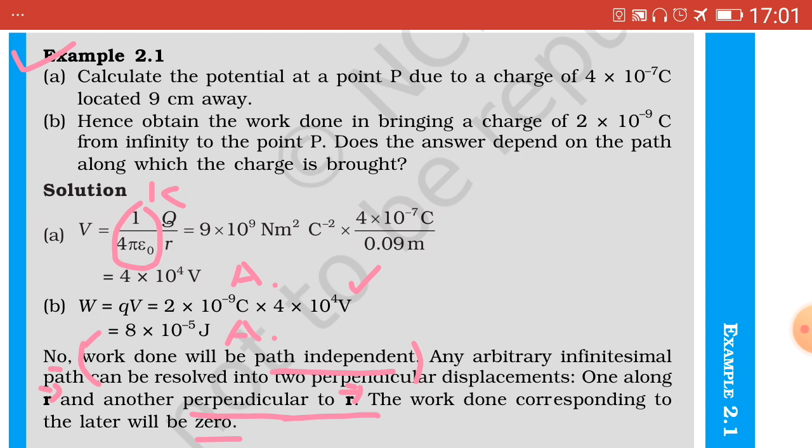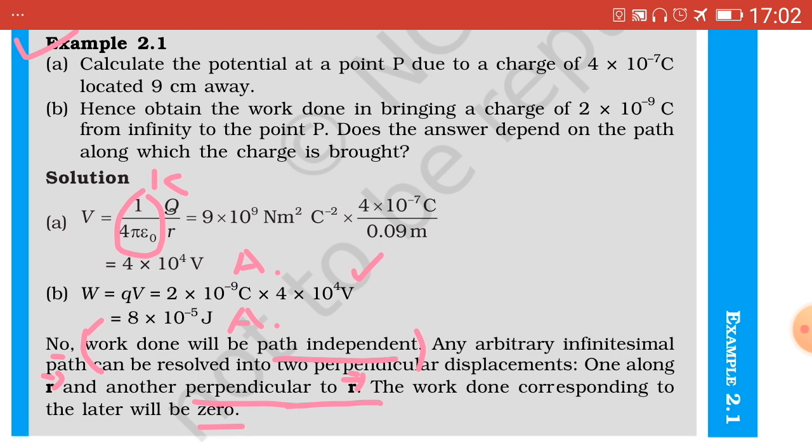Substituting the value of Q and V, and on simplifying we get 8 × 10^-5 joule, capital J, which is the answer. Now V value equal to 4 × 10^4 volt. In A part, if you get this answer wrong, then here also it will become wrong. So V value has to be correctly obtained.